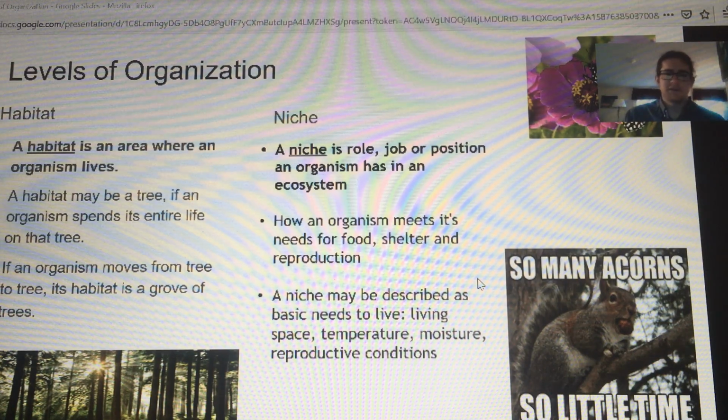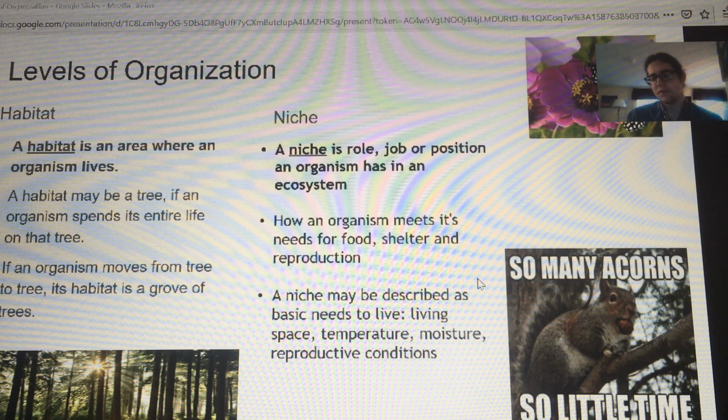An organism could live in a tree for its entire life. It could live in a specific little forest. If it's, say, like a bear, it has a couple 100-mile range where it can move around. So it varies organism to organism. And then there's a niche, which is what its job or role within the ecosystem is.